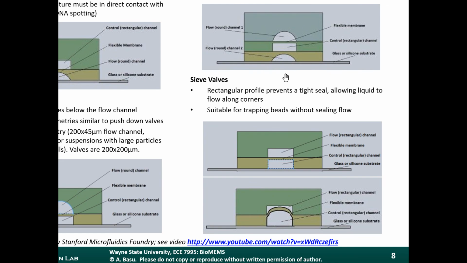And the sieve valves, which I just mentioned, both have rectangular profiles, so that prevents a tight seal. When you activate the pressure here, it will deform but not seal the flow channel completely. So in situations where you want to avoid sealing the channel completely, that's the one you would use.